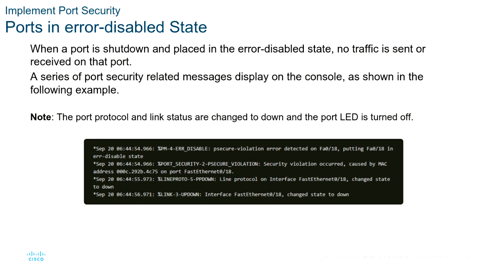So we might see this on the IOS screen if we were looking at the switch when the violation occurred. In this case, it's detected a problem with port number 18. It's been put in the error disabled state because the MAC address listed on the 4th line there was not an authorized MAC address on port 18. So it changed state to down, not administratively down.